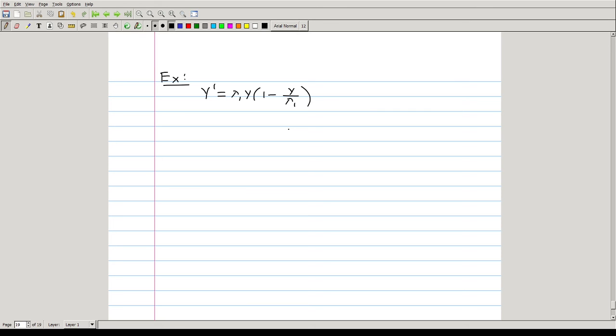And we can split this into multiple different parts after we solve for the equilibrium points. Equilibrium points occur when, not lambda 1 here, sorry, lambda 2, either y equals 0 or y equals lambda 2.